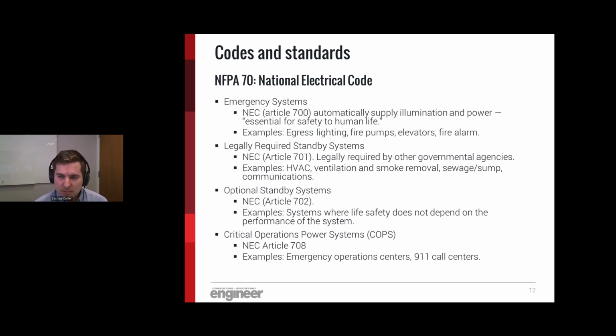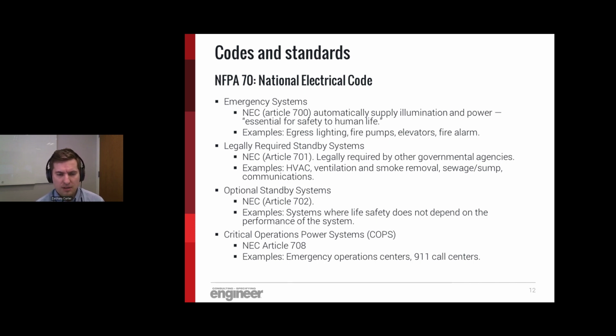Doing a little bit deeper dive into the National Electrical Code, NFPA 70, I really want to point out these different articles, Article 700, 701, and 702. You see 708 here, which I'll briefly touch on. You'll have the emergency systems, which is Article 700. This system, as defined in the NEC, is intended to automatically supply illumination and power to designated areas, and it's essential to human life. So we're talking about safe exiting or panic control in large buildings.